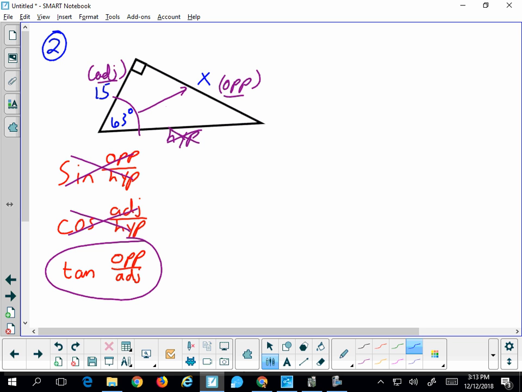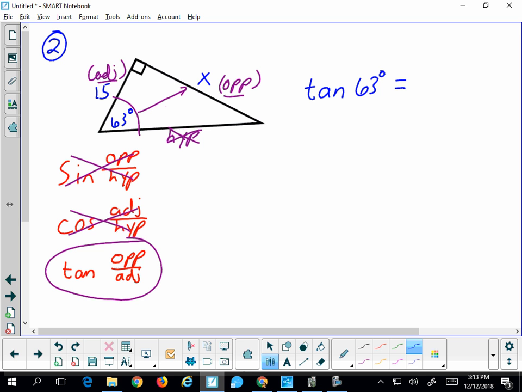So I am going to write my tangent function down. Tangent, and what follows my trig function itself is my reference angle, in this case 63 degrees, equals.